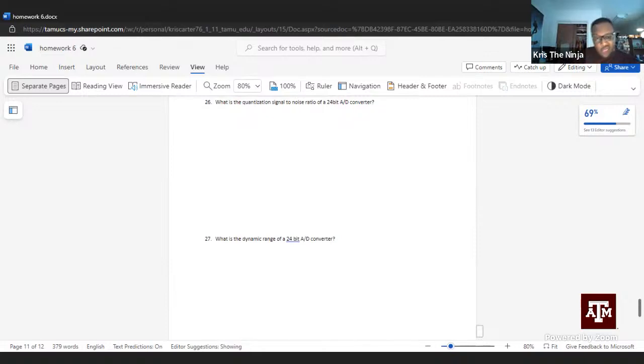I think this is square root of 12. For this, we do the signal to noise ratio, which is 20 log of 2 to the n times square root of 12, and that gives it to us in dB. So 20 log 2 to the n times square root of 12. That gives us a 22.83 decibels signal to noise ratio.